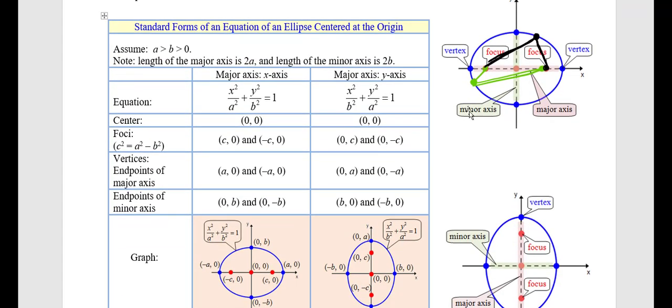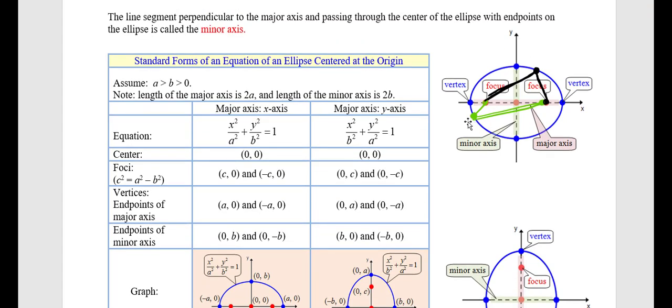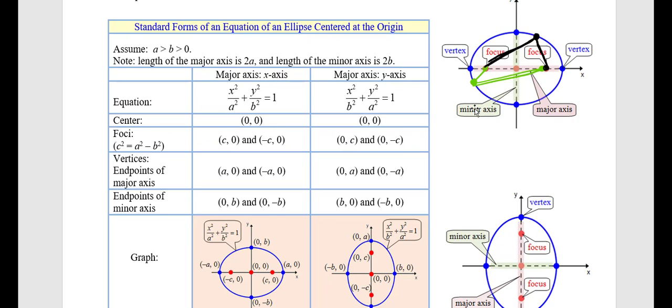So let's look a little bit further here. We have a bunch of facts here we want to use. Right? We're going to start out and assume A and B are positive numbers. Then if we assume that, we can say that these are the equations of an ellipse with a major axis on the x-axis or on the y, centered at the origin.